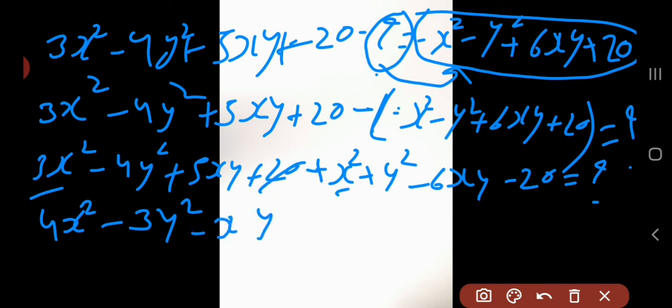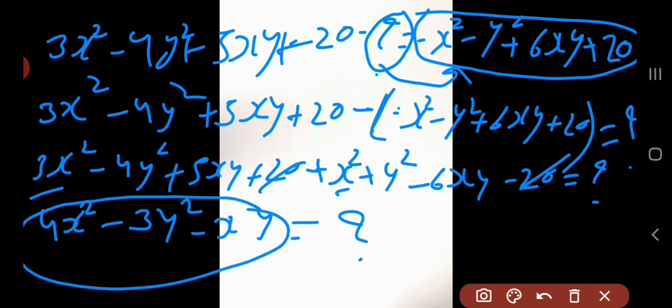Plus 20 and minus 20 cancel, so this is your value of the question mark. Understand? So if you subtract this expression from this, you get minus x square minus y square plus 6xy plus 20. Check it by yourself.